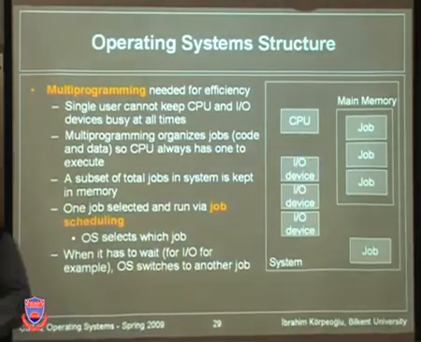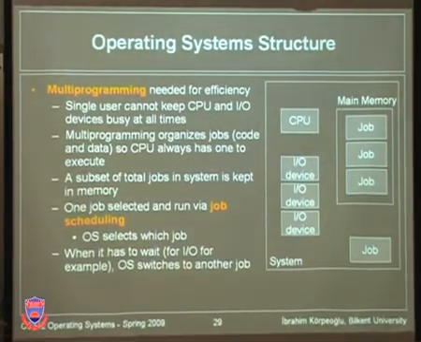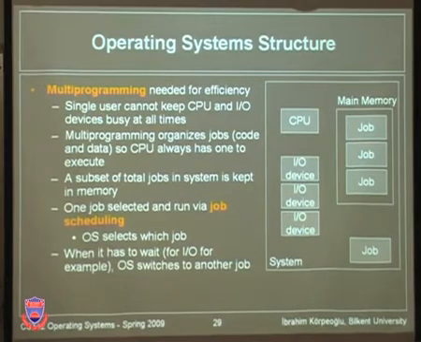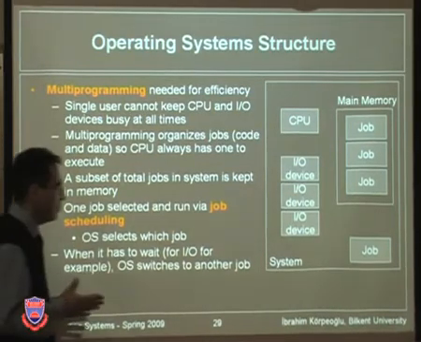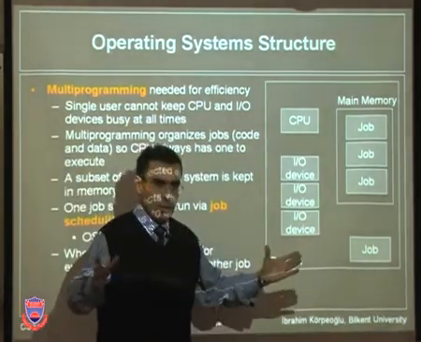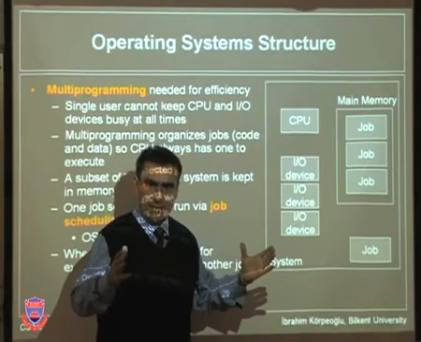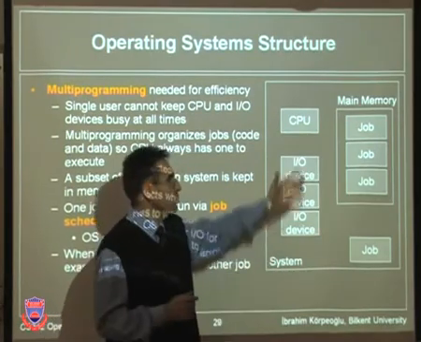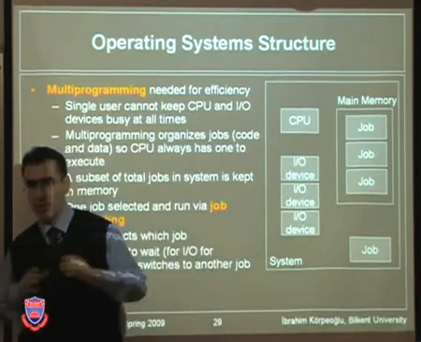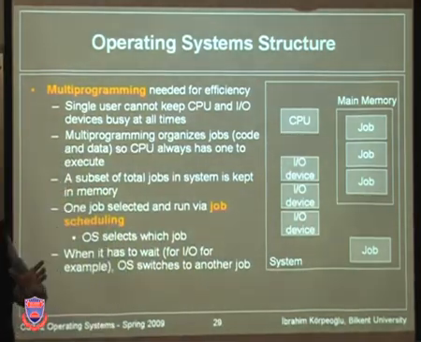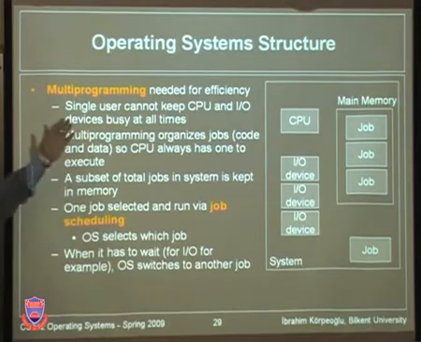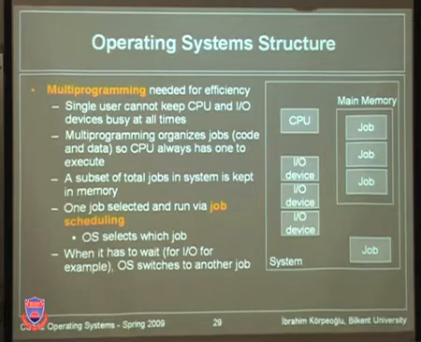You are utilizing the CPU better and obtaining more efficiency. You are using the resources available in the computer more efficiently. Over a time interval, you can have many more jobs or tasks done compared to a system which executes jobs in sequence, where one job finishes and then another is executed, and so on. In a system doing multiprogramming, you will have better utilization and better throughput.